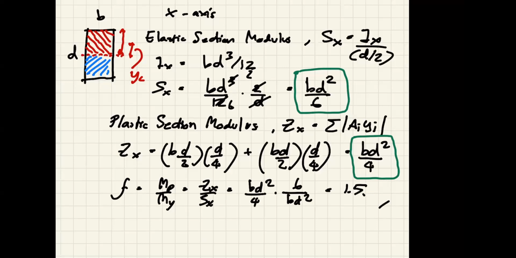And remember, the plastic section modulus is always the summation of the moment of the area about the plastic neutral axis. That's why we divide the area into two areas and then take the moment about the plastic neutral axis.